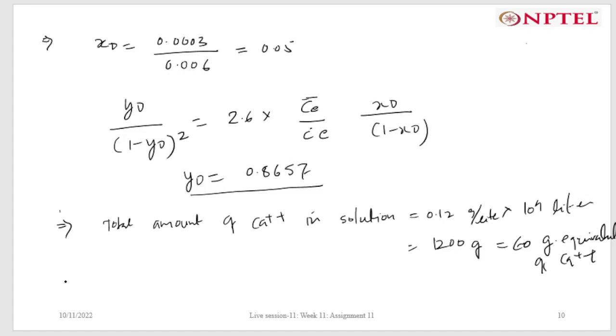Now the ions removed are 60 into 95%, which is about 1 gram equivalent.